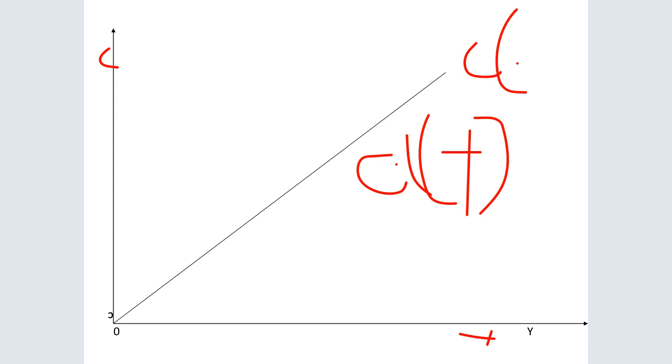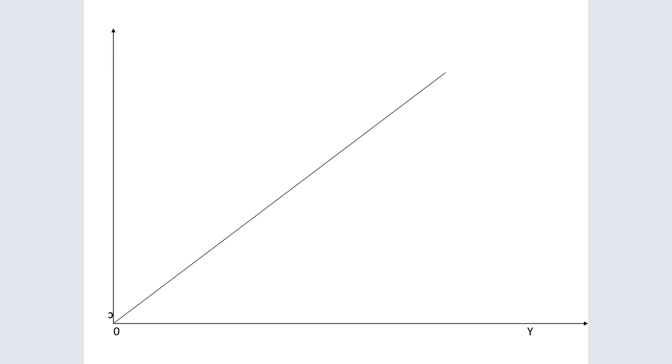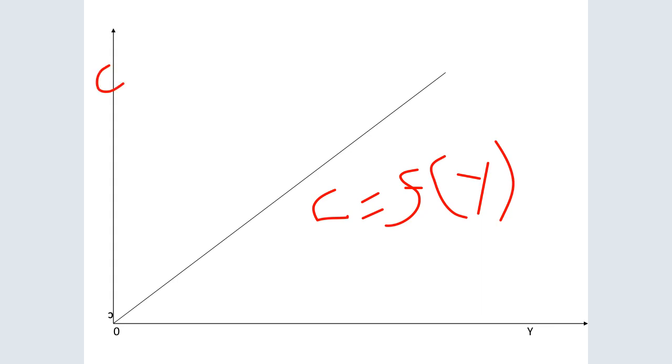That is what I mean. I said consumption is simply a function of income. That's what I'm trying to communicate. It purely depends on income. So this is consumption on your vertical axis.